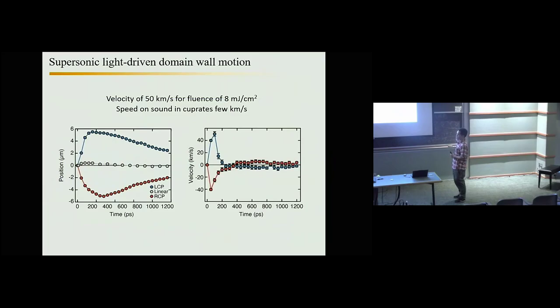It would generate a Cherenkov sound wave if it's dragging along some lattice, if there is some magnetoelastic coupling. Right. So that we haven't seen.